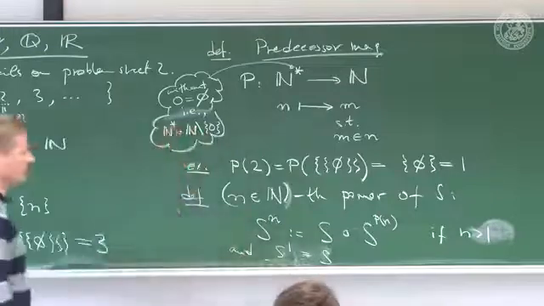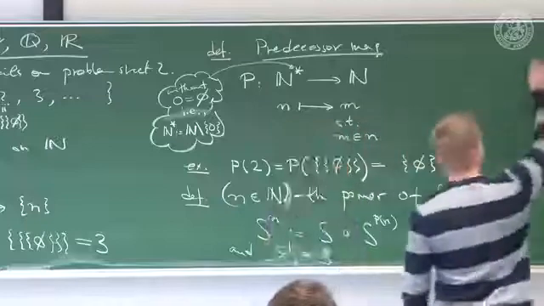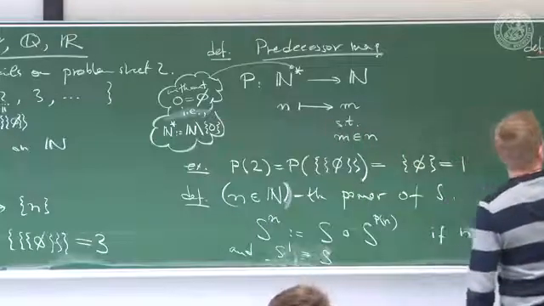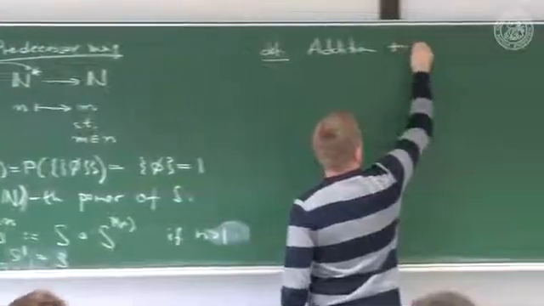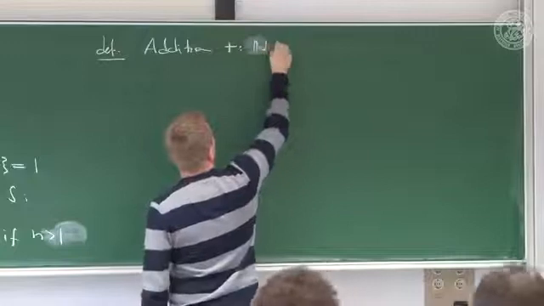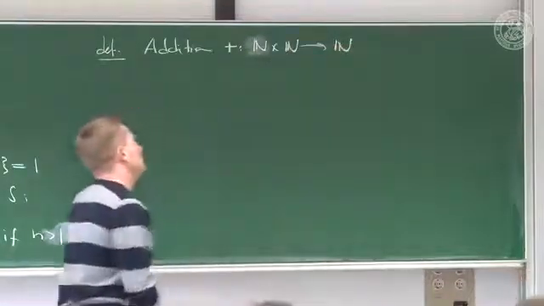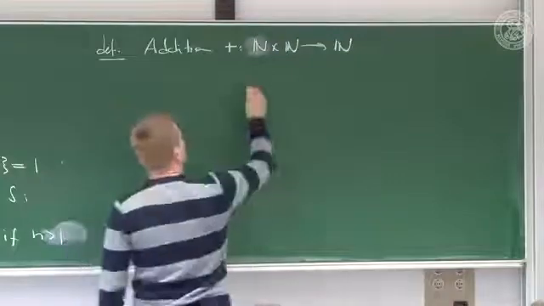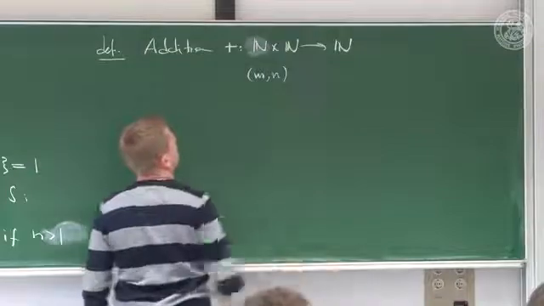And once we have that, we can define the addition plus that takes two integer numbers and maps them to an integer number by taking this pair m, n, which is an element of the Cartesian product.